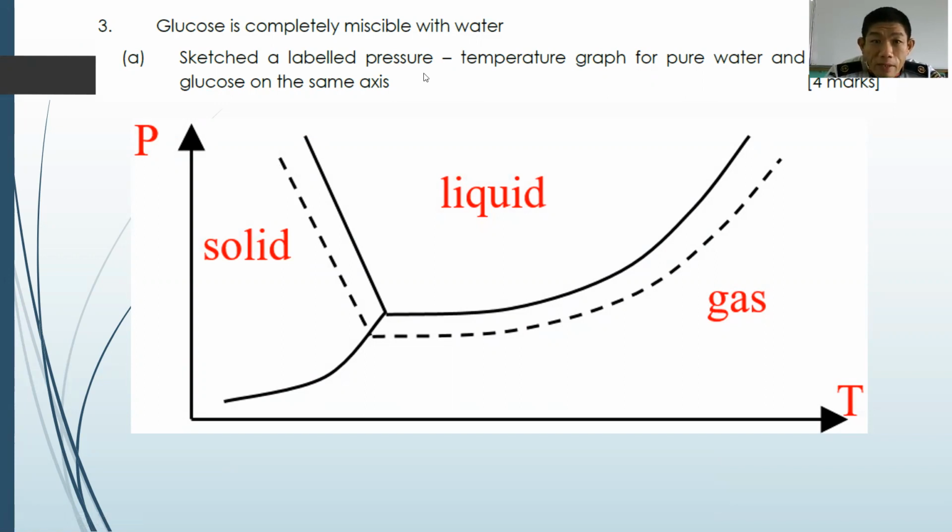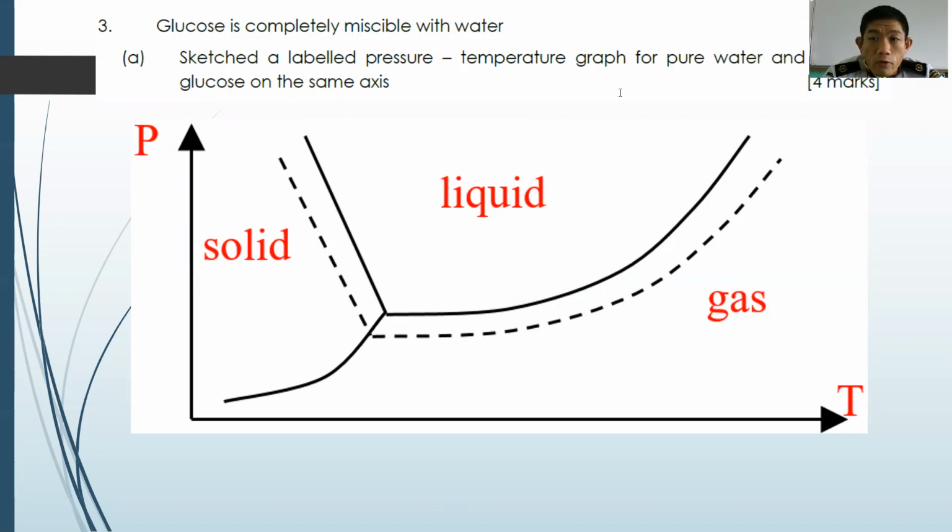Sorry for that. So this is for pure water. This is for glucose aqueous solution. Okay, so you have to label both of them. So that is how you are going to score the 4 marks inside here.